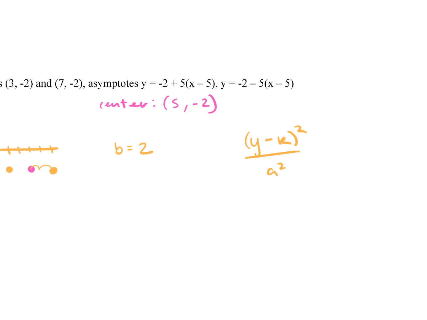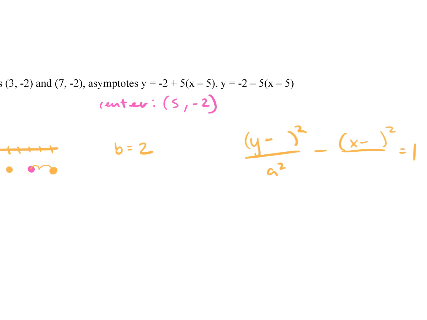For ellipses, a is always the bigger number. Minus x minus h squared over b squared is equal to 1. So we know what b is, we can plug that in, and we know what h and k are, so we can plug those in.